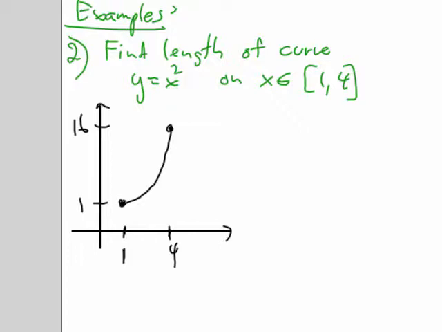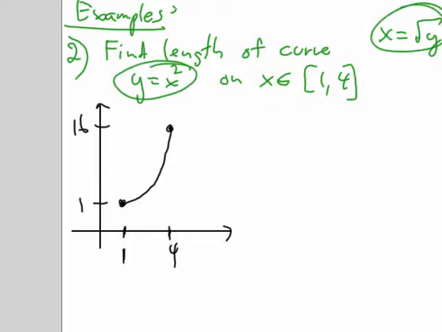Now what I'm going to do is take the same question, y equals x squared, but this time I'm just going to rearrange the equation so that x is isolated. So that would be x is plus or minus root y. But since I'm dealing in a section where x and y are both positive, I'm going to leave off the plus and minus. So in other words, we can see that these two things are exactly the same. But what I'm going to do is this integral with respect to y.